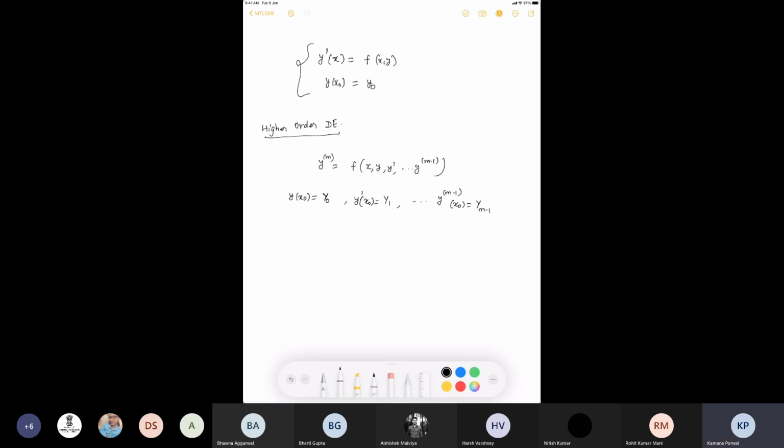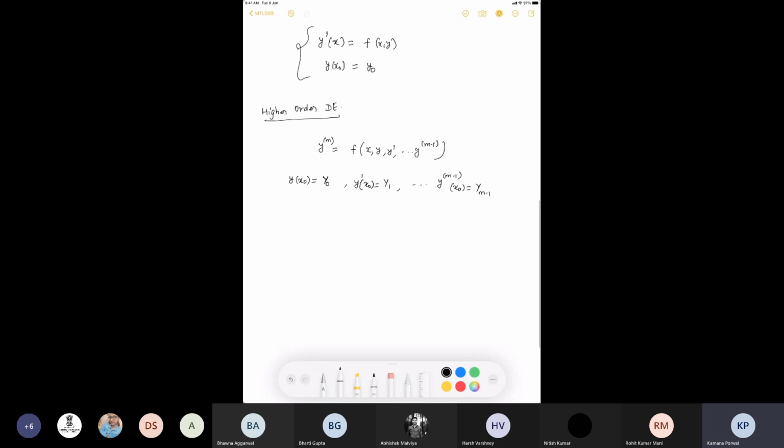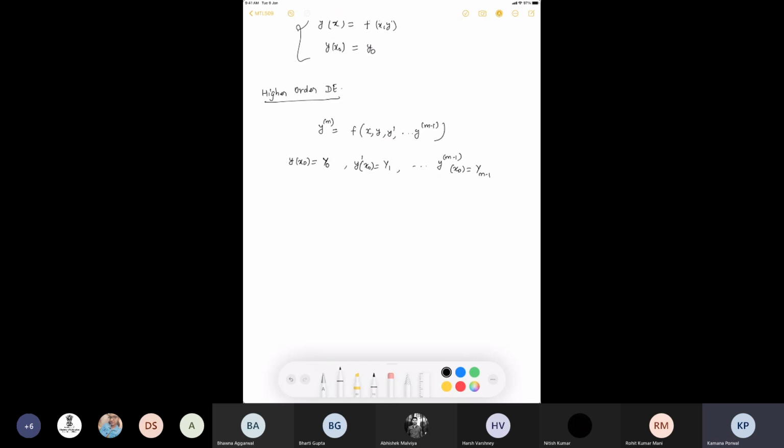Suppose I want to reduce this problem into a system of differential equations. So what should I do if I want to reduce, say, for example, let's take the case of the second order differential equation. Can you write down in terms of a system of first order differential equations what we are supposed to do?